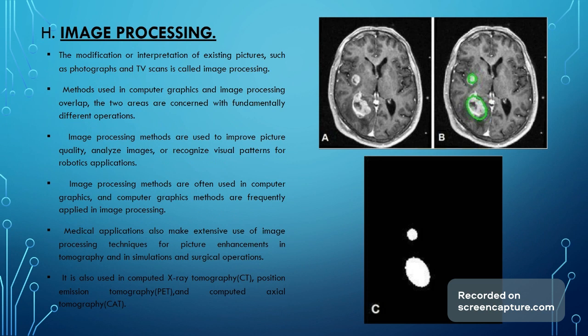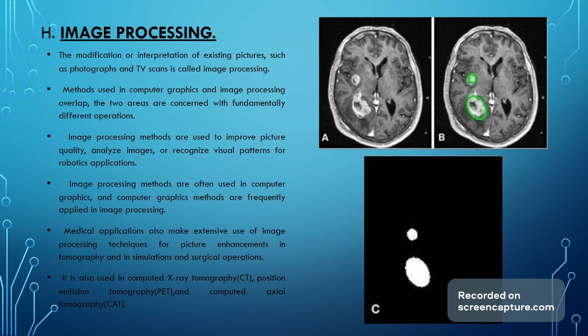Methods used in computer graphics and image processing overlap, but the two areas are concerned with fundamentally different operations. Image processing methods are used to improve picture quality, analyze images, or recognize visual patterns for robotics applications. Image processing methods are often used in computer graphics, and computer graphics methods are frequently applied in image processing.